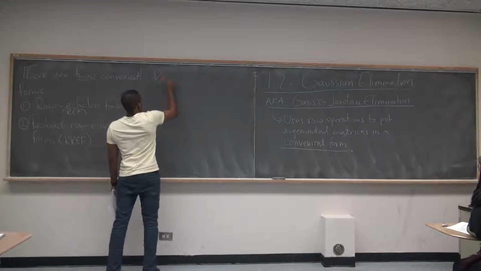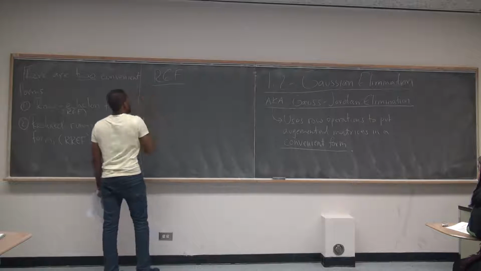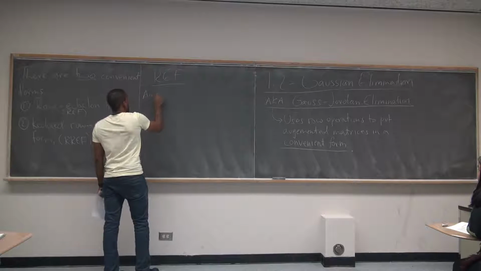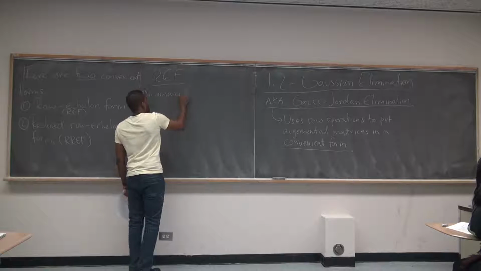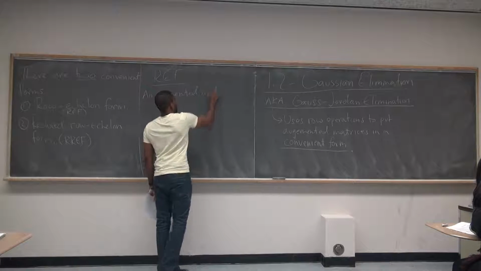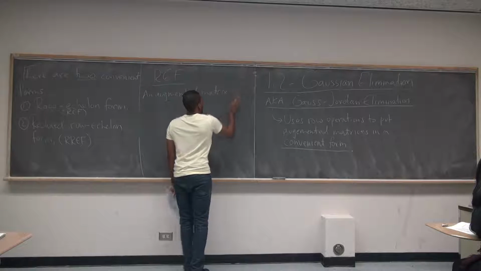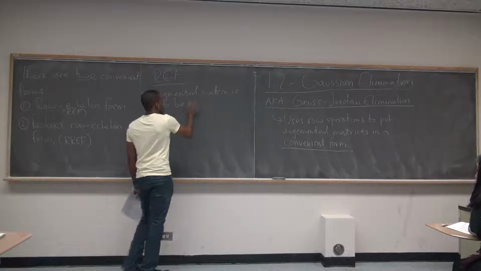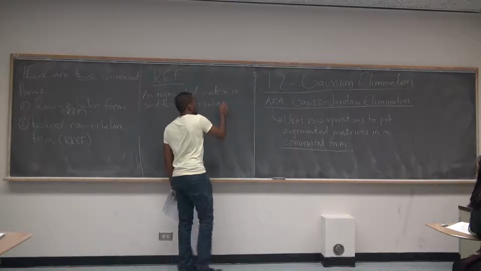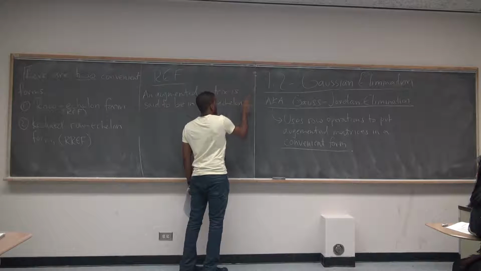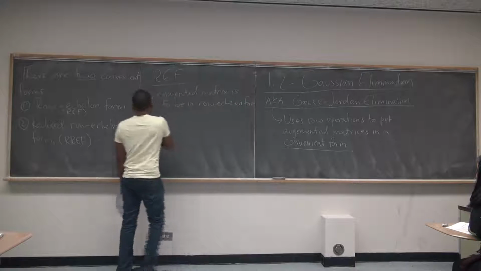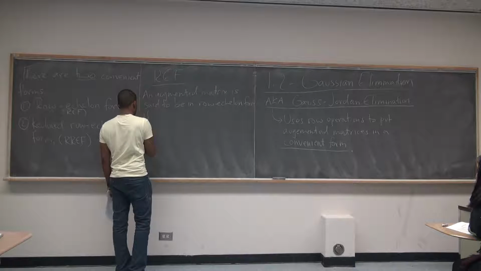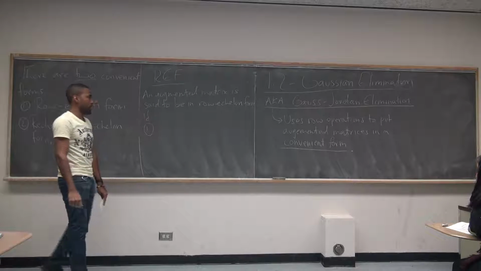Let's deal with row echelon form. An augmented matrix is said to be in row echelon form if a few things happen.